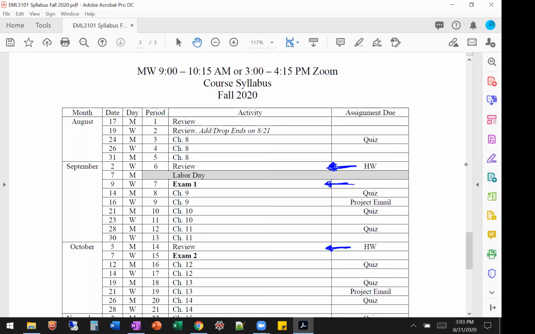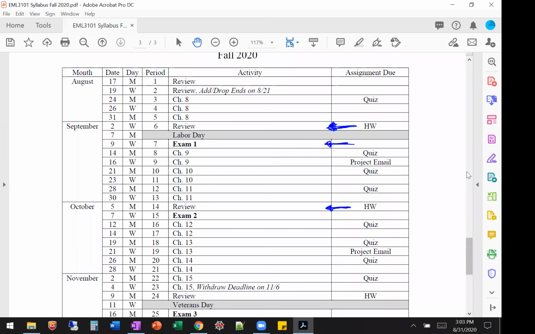You're just scrambling to learn it, versus you should learn it and then the review puts the big pieces together. So that's why I'm doing the homework due by the end of the review day for all the exams. Okay.